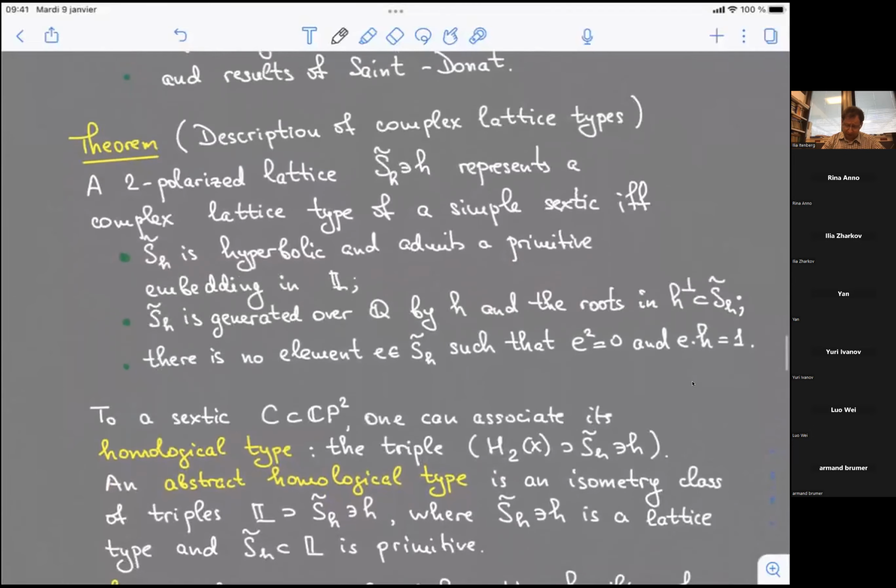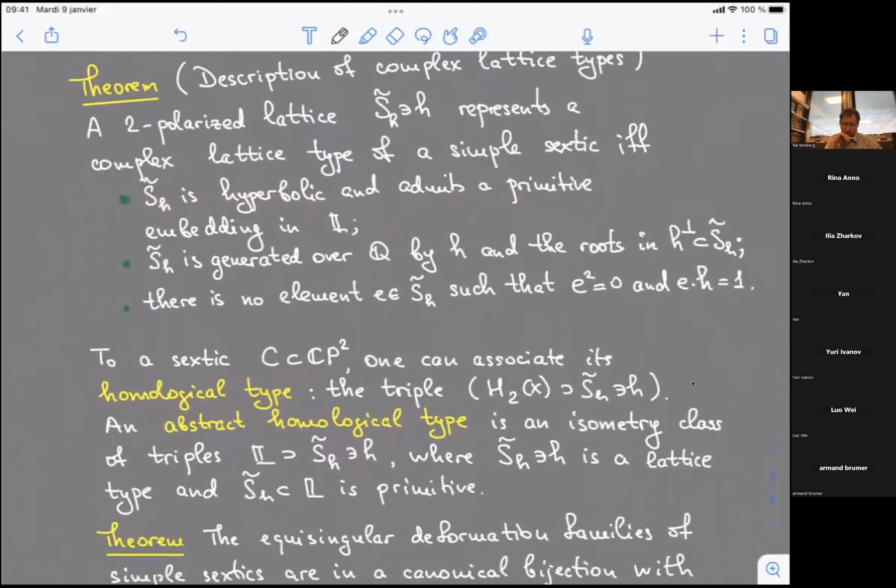Well, so now once we know the standard description of complex lattice type, we can try to go a little bit further towards equisingular deformation classification in the complex case. And for this, it's convenient to have a notion of homological type. So for the moment, we had lattice types, so complex lattice types and real lattice types. So what is a homological type?